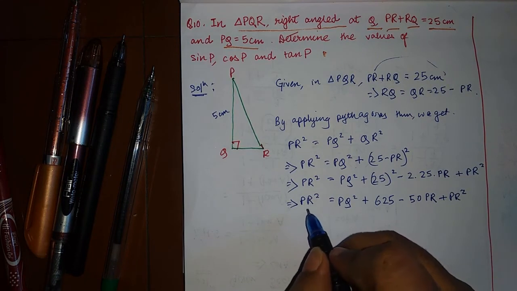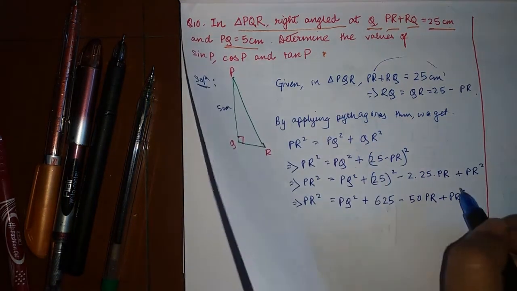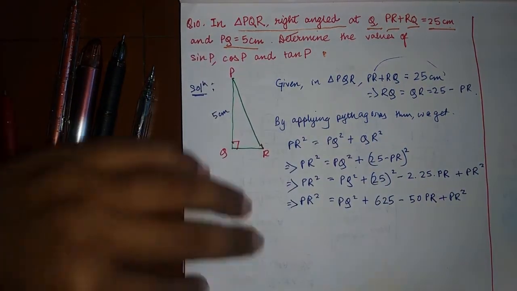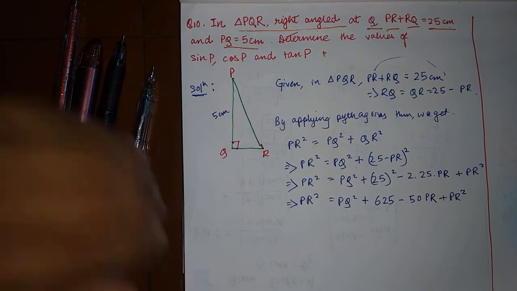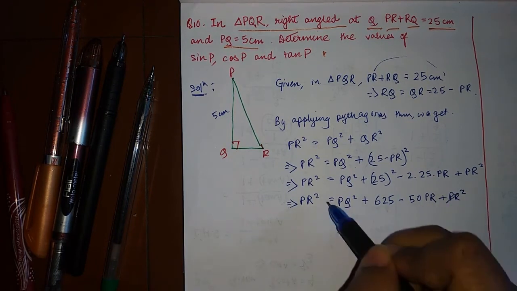So look at the PR on the left hand side and look at the PR on the right hand side. They both are the same terms and their signs are also same, so you can just cancel it safely.